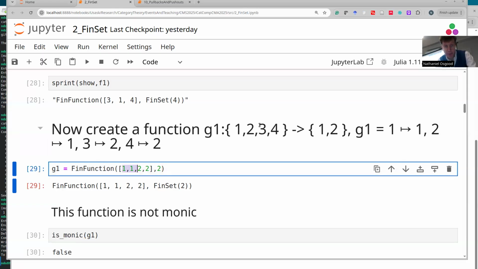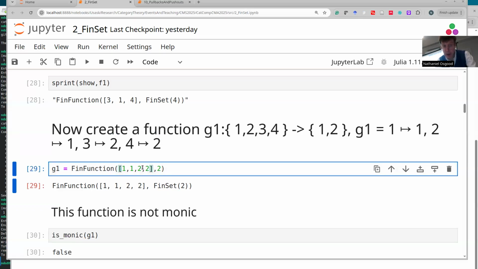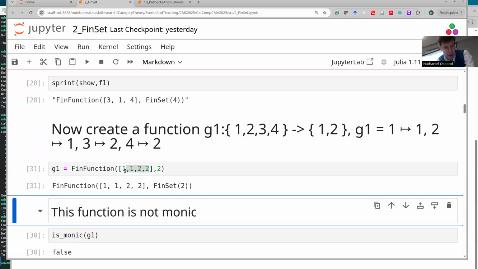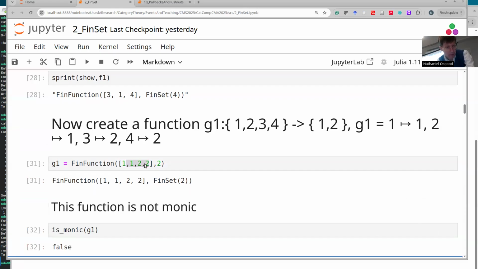There's 2 elements, 3 and 4, that map to 2 in the target. I'm just trying to teach the syntax because it'll be really important as we define C-sets later, the mappings between a category C and FinSet. Okay, this is not monic.